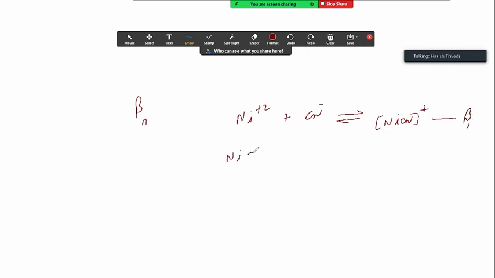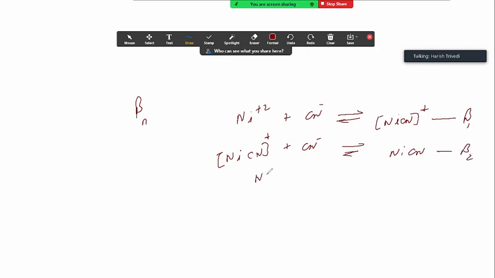Then NiCN plus again reacts with CN minus and gives you Ni(CN)2, which is neutral, beta 2.